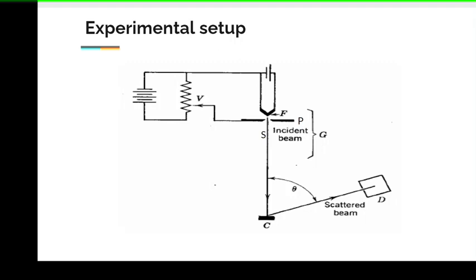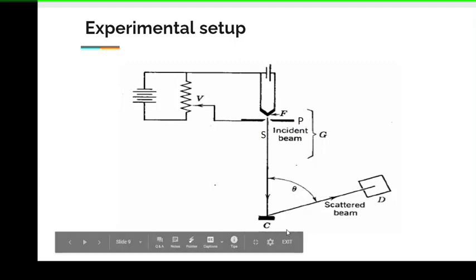The current is directly proportional to the number of scattered electrons entering the chamber in 1 second. Thus, the intensity of the scattered beam is measured as a function of the angle of scattering. The crystal is held in a fixed position throughout the measurements. This crystal is not disturbed at all.